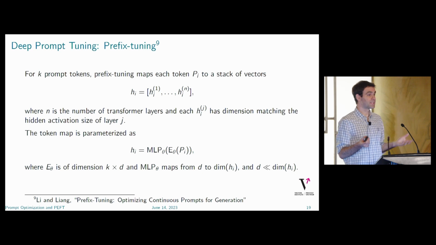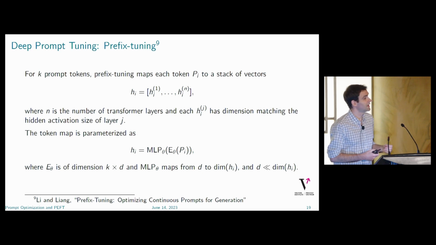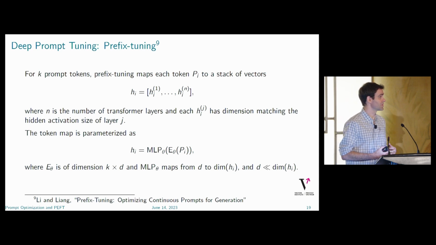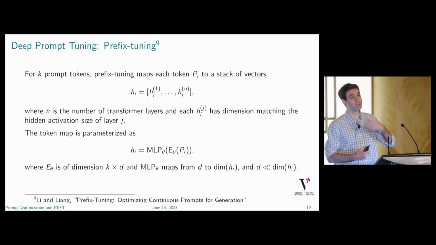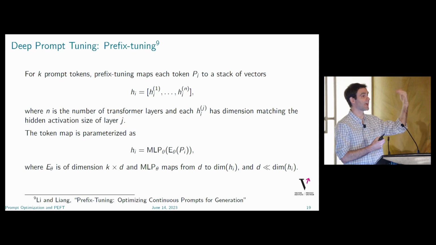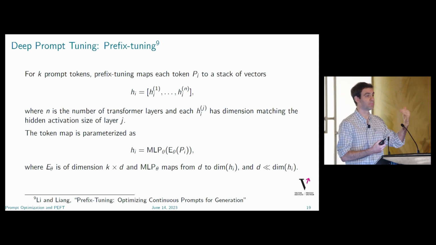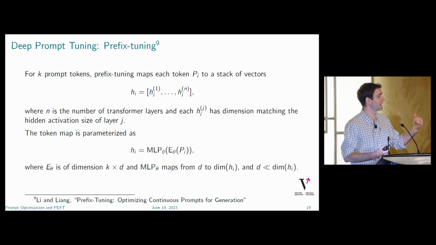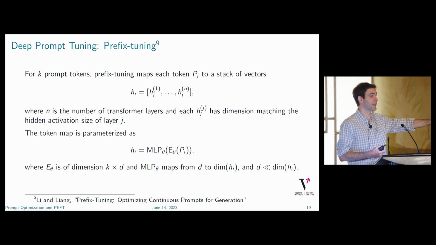So prefix tuning, and as I said, p-tuning, which is a very similar approach, just different modeling choices, actually generalizes this approach a bit further. And instead of just having a single layer of prompt embeddings that you're training, you have a stack. There's essentially a prompt embedding for every layer of your transformer model. The way they parameterize these embeddings is through an embedding matrix similar to what we had for our prompt tuning method.